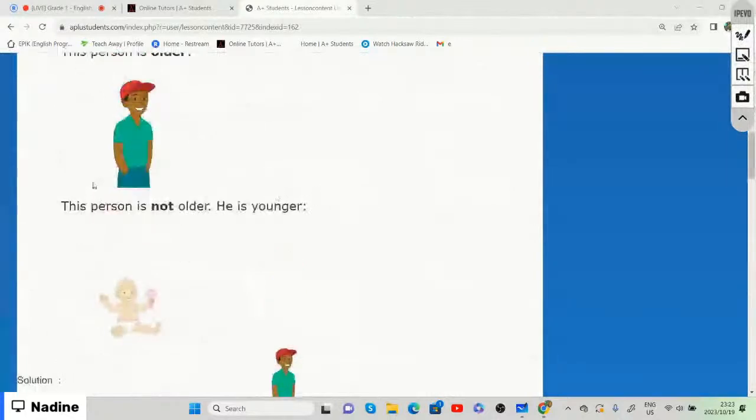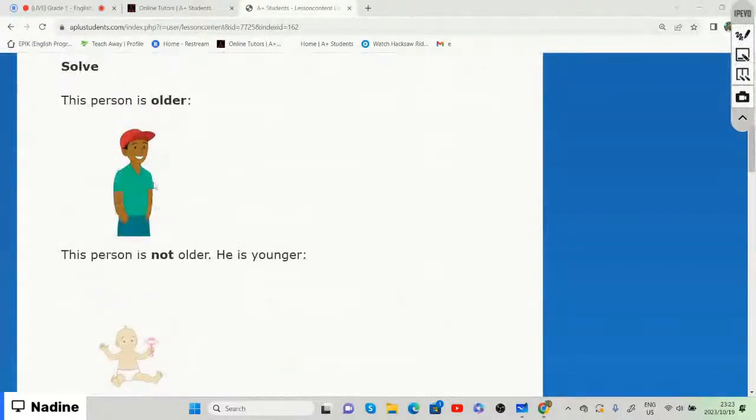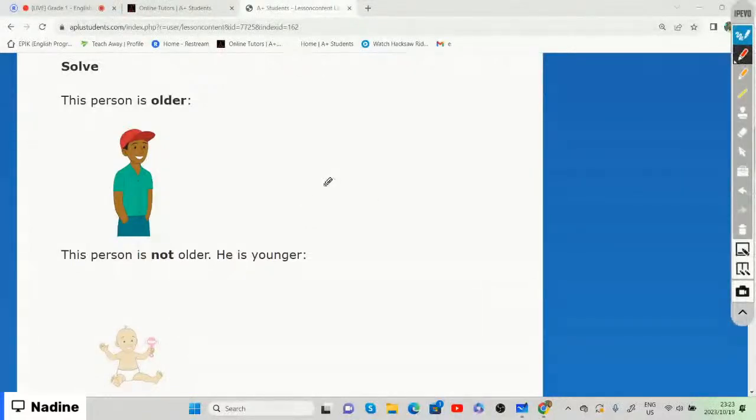All right, if we look at these two pictures, there's a boy and there's a baby. Who is older? We can say the one is old, but if we compare these two, we can say this boy with the red cap is older than the baby.